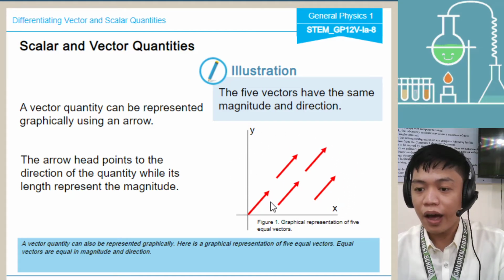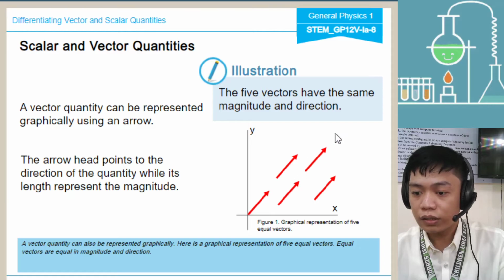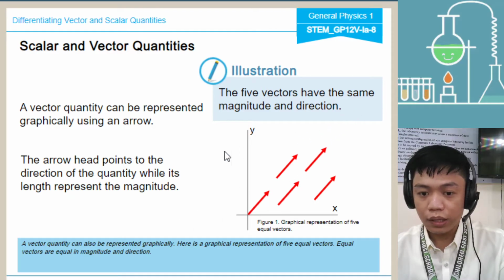So we have 5 vectors that have the same magnitude and direction because they are all directed towards that area. The arrowhead points to the direction of the quantity while its length represents the magnitude.